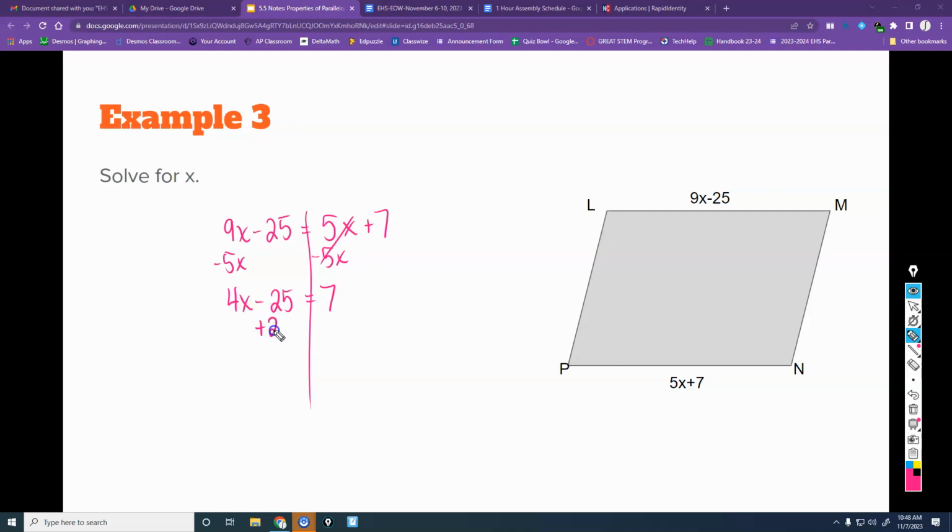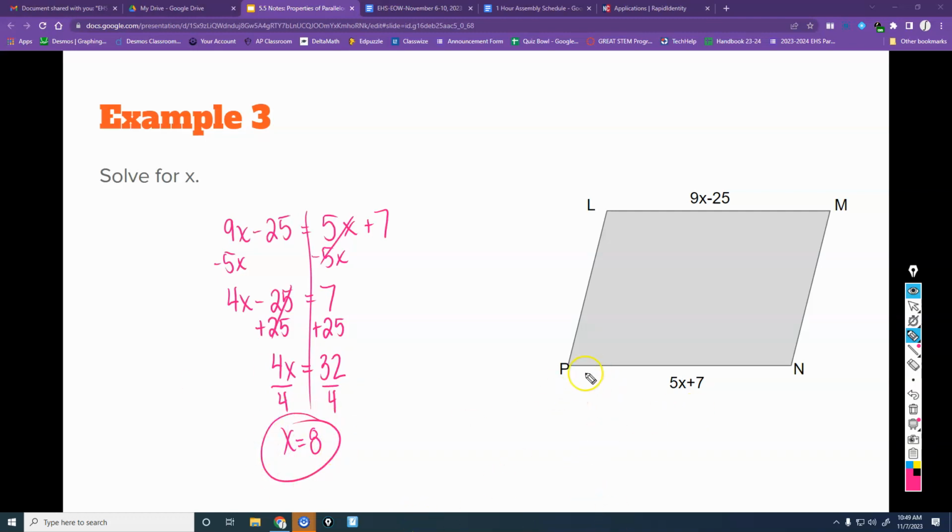Add 25. 4x equals 32. Divide by 4. X equals 8. And this one only asks you for x, so you're done for the x value.